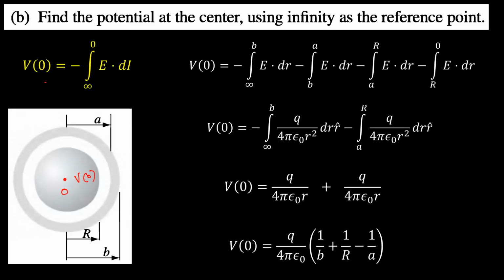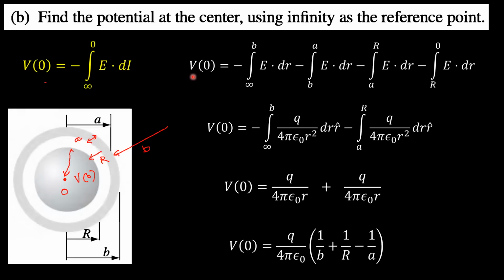First one is coming from infinite distance to b, infinity to b, that is one region. Another region is b to a. Then another region is a to R. Then next is R to 0. There are four regions.